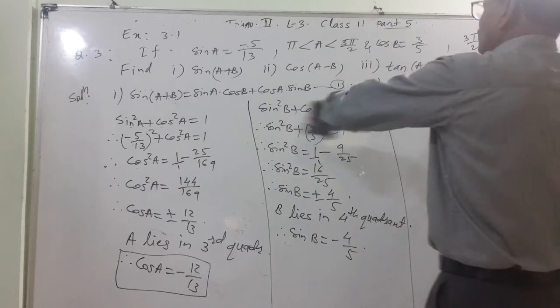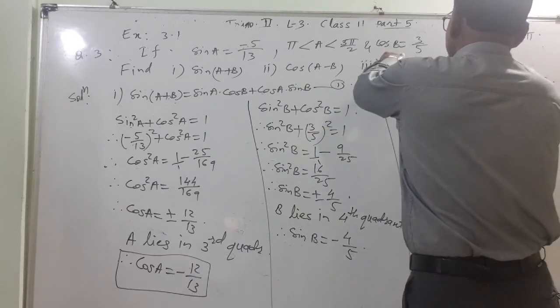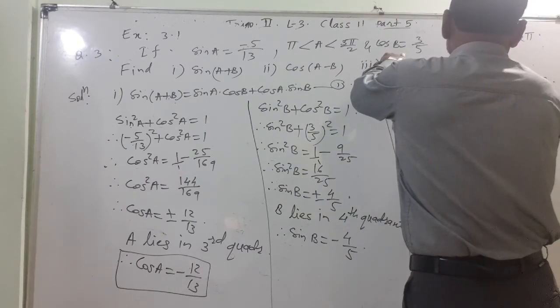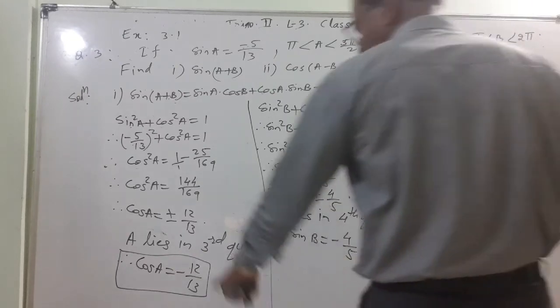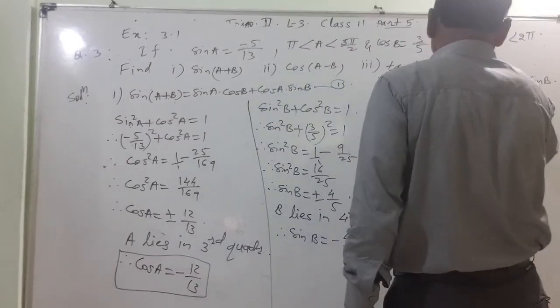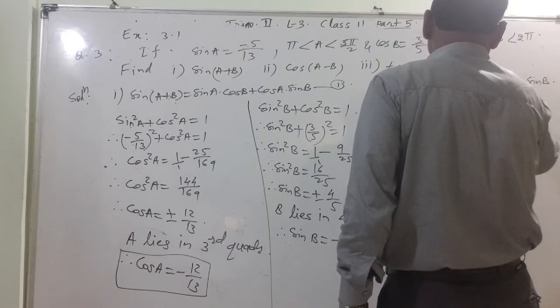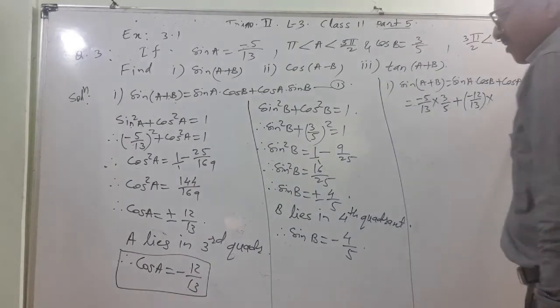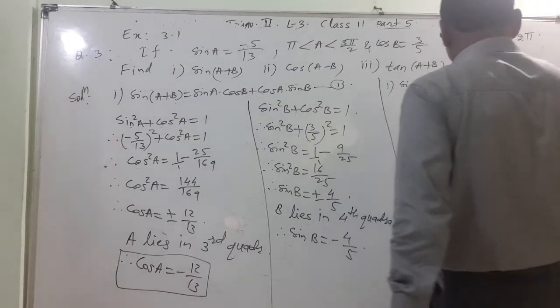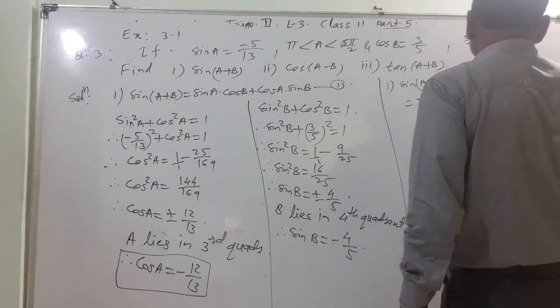Cos B value is also given is 3 upon 5 plus. Now cos A value, where it is cos A value? This minus 12 upon 13. Minus 12 upon 13 into sin B value. Sin B value is also minus 4 upon 5.